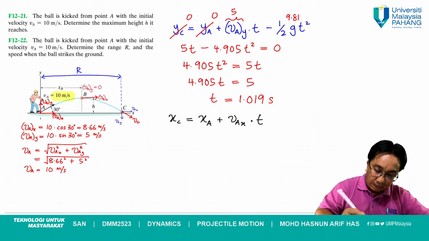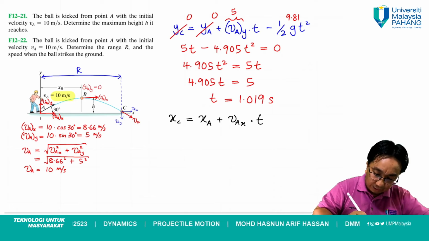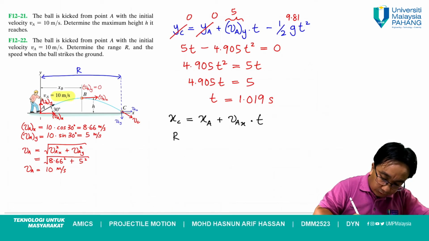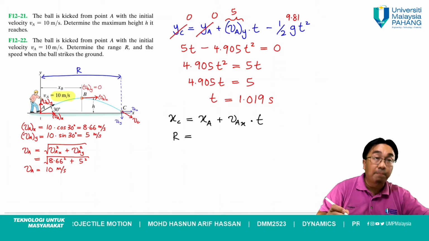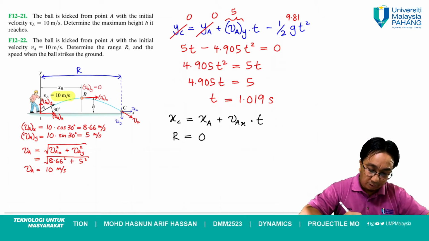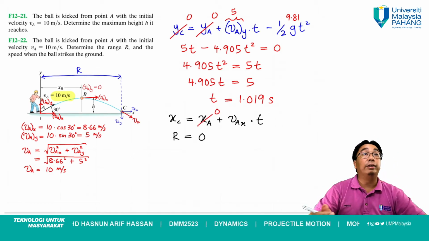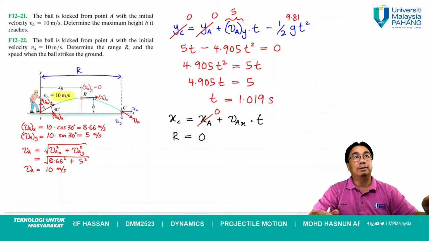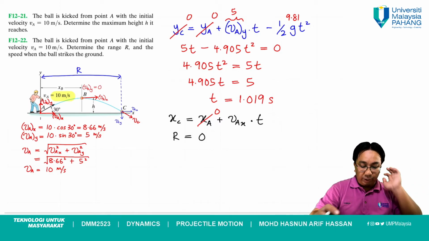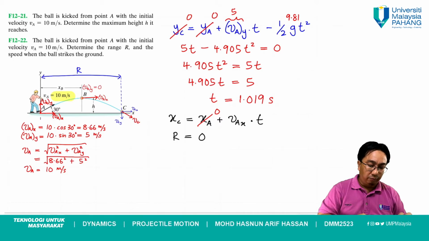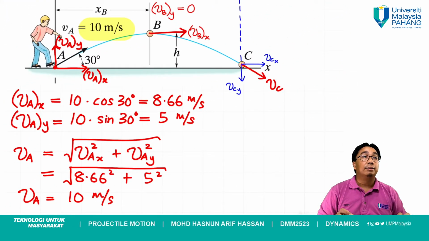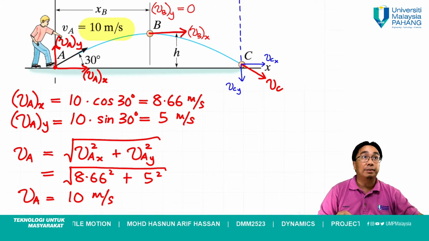Okay, xc kita ni ialah r lah, r is equal to xa kosong. Okay, xa kita kosong because pada permulaan dia tak ada value of x displacement lah. VAX kita dah cari di sini. VAX is 8.66 meter per second.